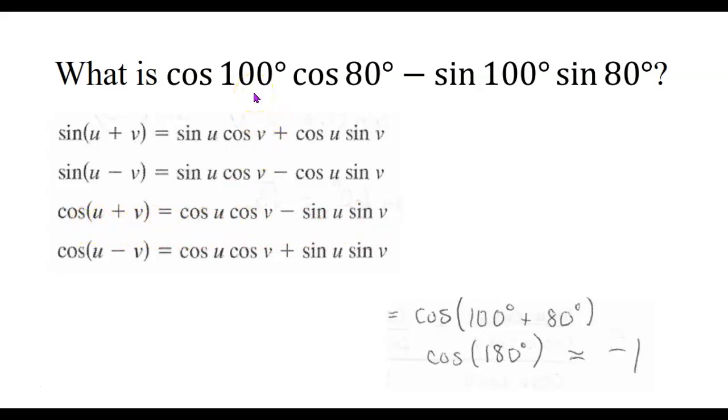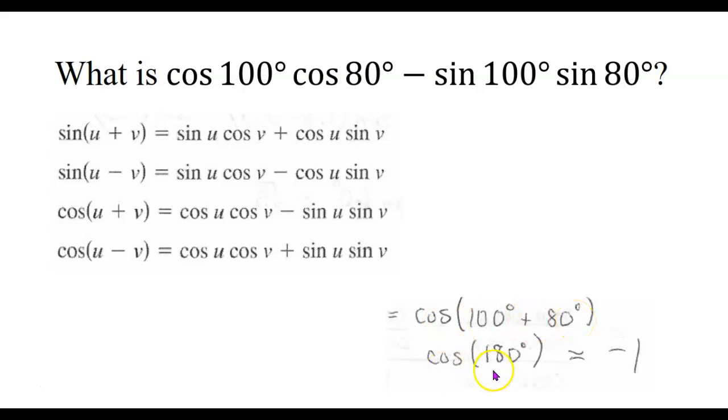So here the part of u is being played by 100 degrees, and the part of v is being played by 80 degrees. So u plus v would be 180 degrees. So according to this third formula here, what we have here is equal to the cosine of 100 degrees plus 80 degrees.